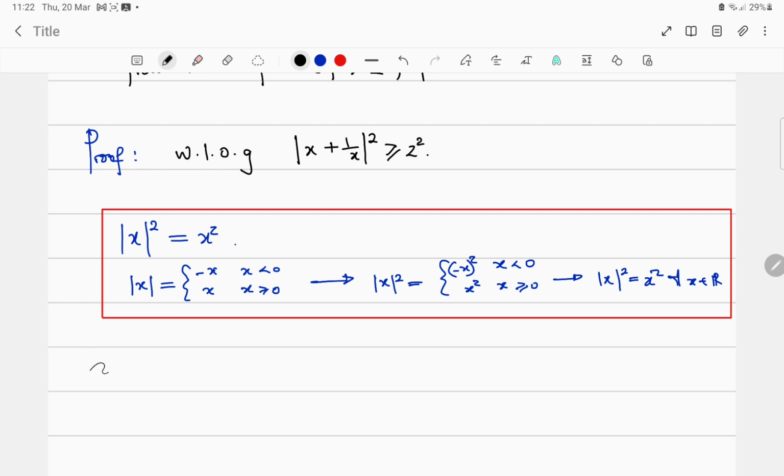So suppose that x is an element of R. This implies that one over x is also an element of R minus 0, obviously.